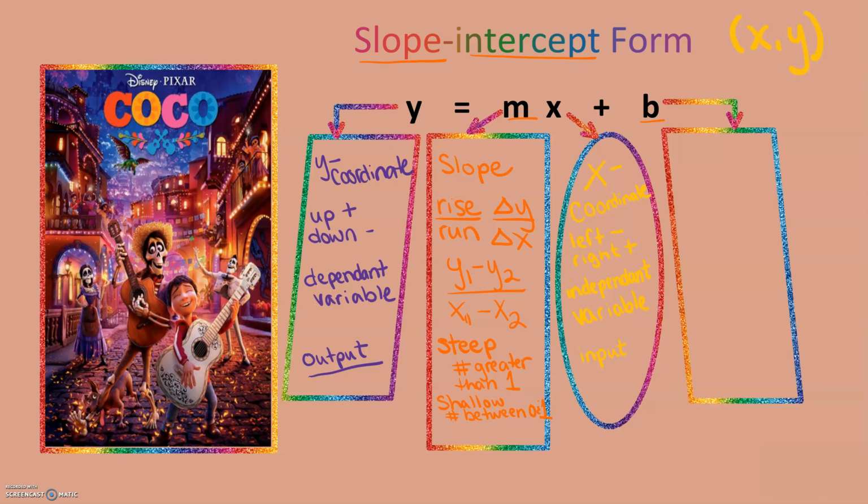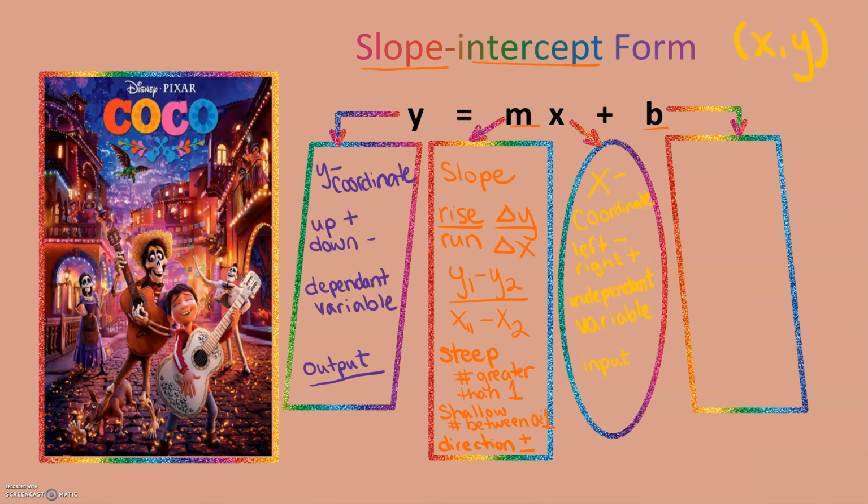The last thing that slope tells us is the direction. The direction is the sign of that value of m. So if that m value is positive, it's telling me that that slope goes up, or it points to the right-hand side.